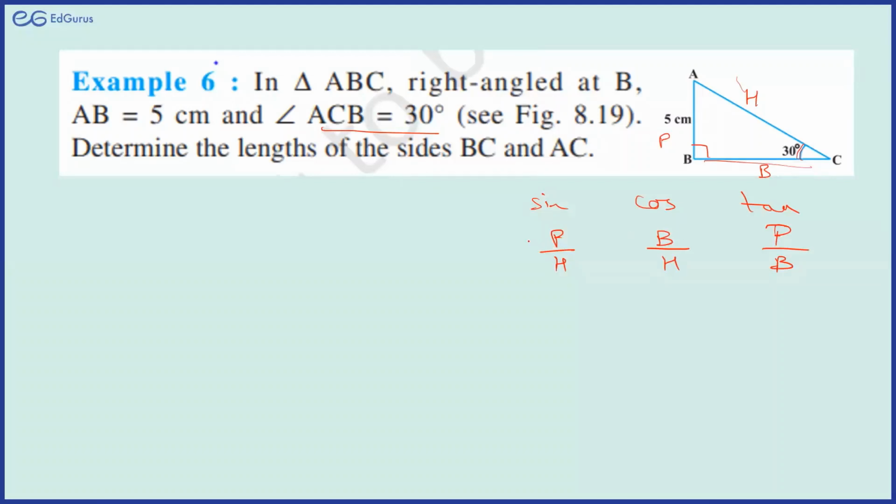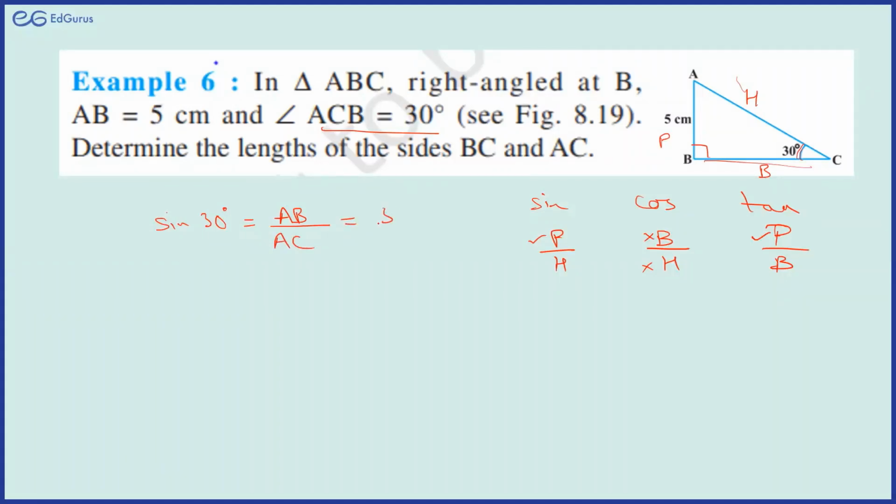Now perpendicular is known to me. I want to find out hypotenuse and base. Now here nothing is known to me. Here perpendicular is known in sine, and in tan also perpendicular is known to me. So if I use say sine 30 degree will be perpendicular, which is AB, upon hypotenuse, which is AC.